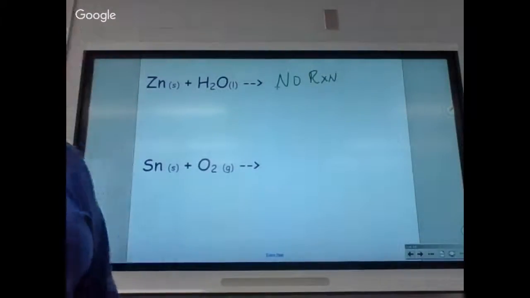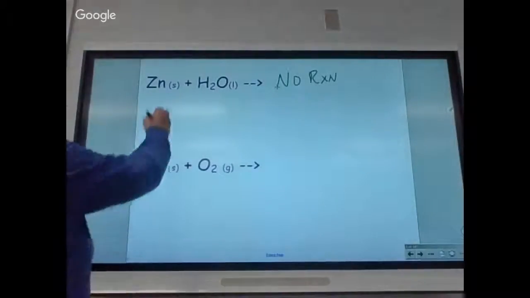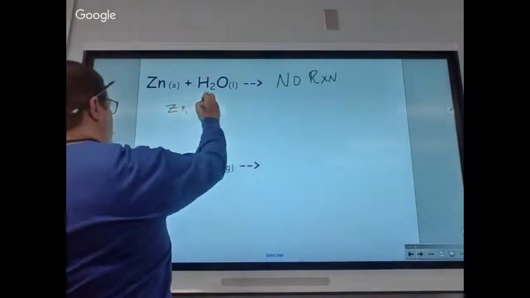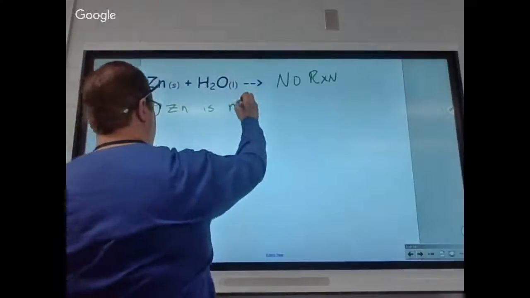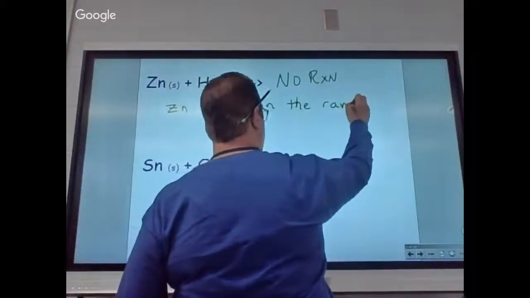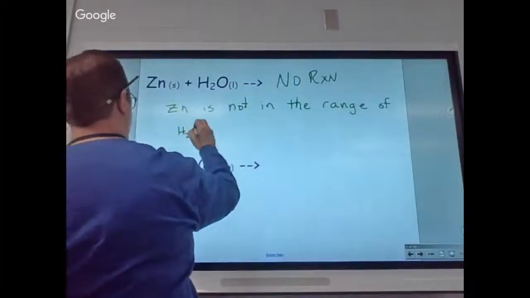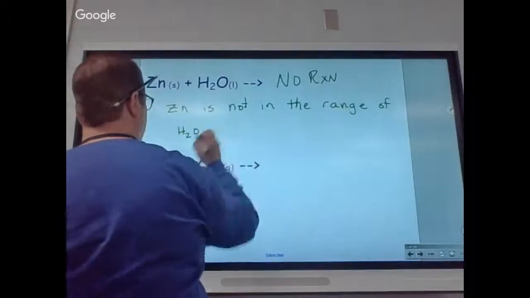Can you write a small explanation why it would be no reaction? Because zinc is not in the range of water as a liquid. Is that what you want me to say? Okay, zinc is not in the range of water as a liquid.